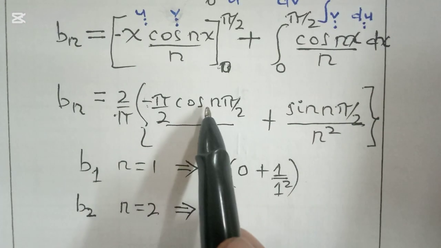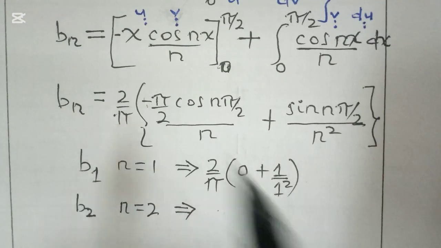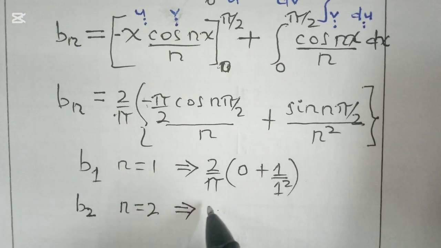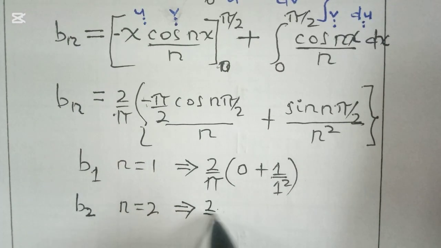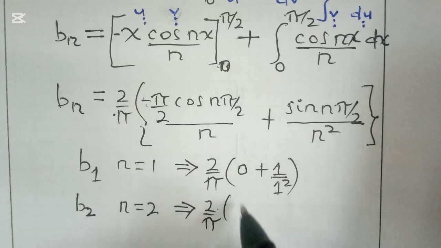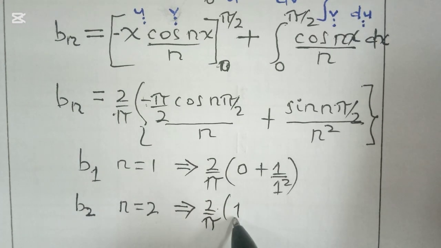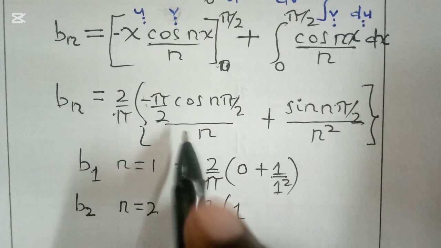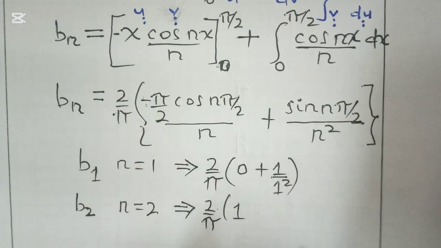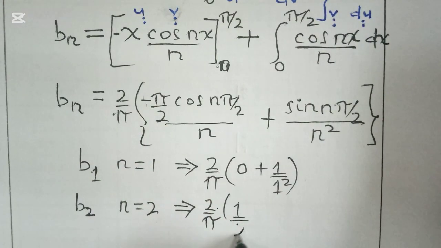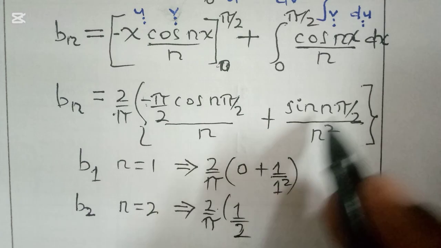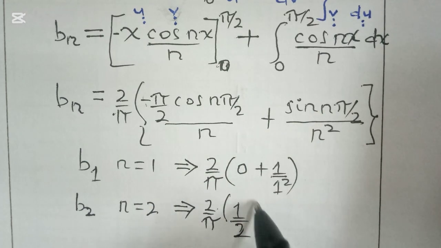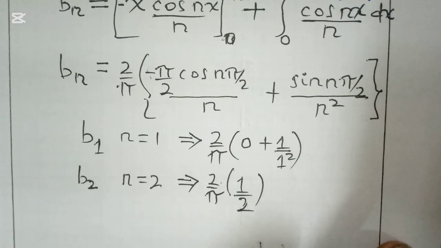So negative 1 and negative 1, then this one becomes 2 over pi. Because of this negative, this one now becomes 1, and the 2 is going to be there, like that. And this other one is going to be 0. So guys, we are going to have like that.